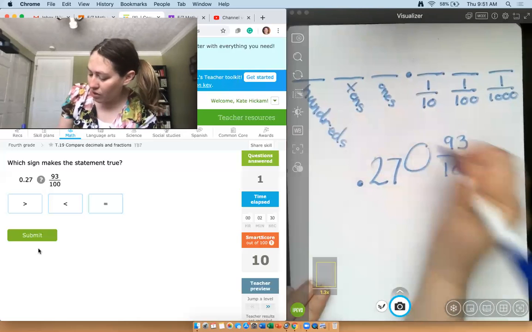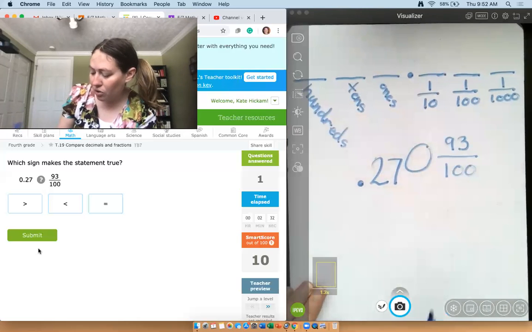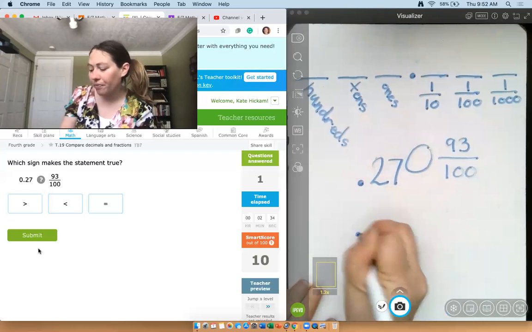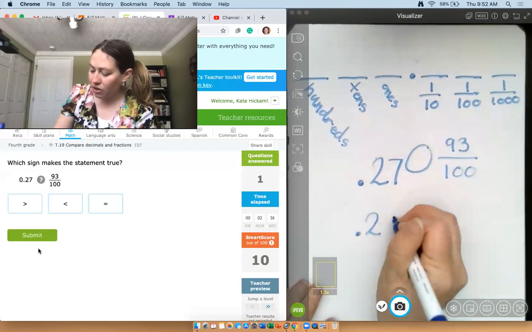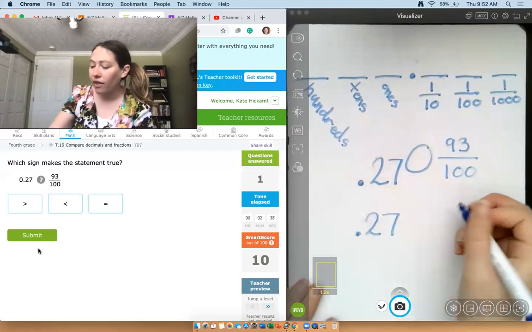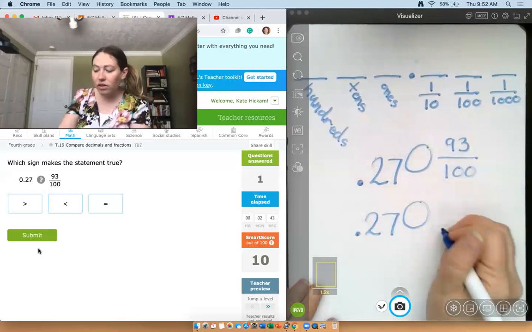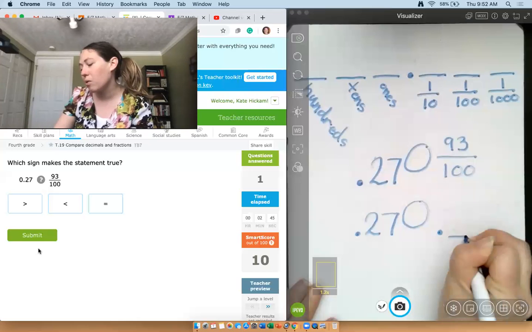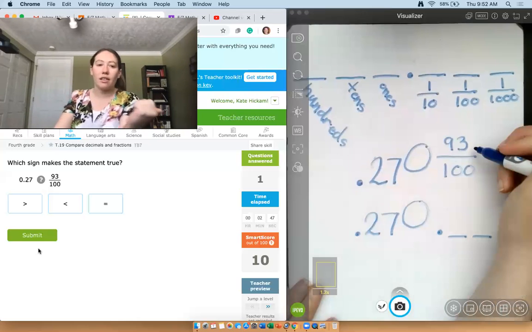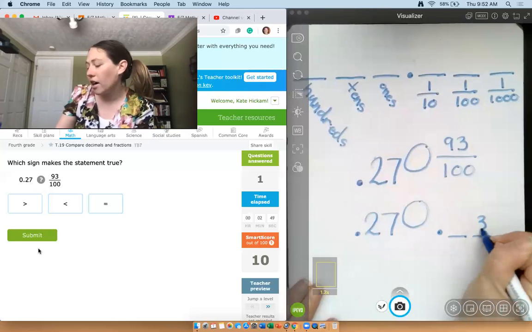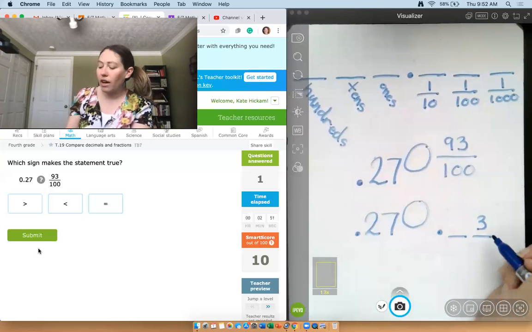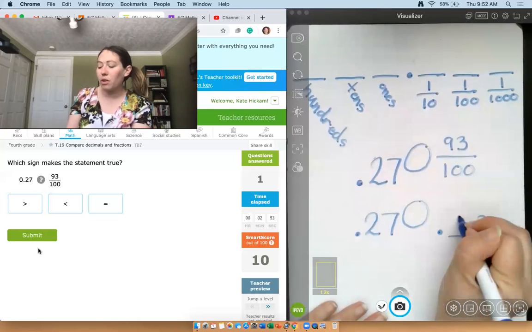Okay, so I don't have to change my 0.27 compared to, and then I have hundredths, so that means I have point and then two place values, and I start with my 3 and work towards the left, 3, 9. So I have 0.27 compared to 0.93.